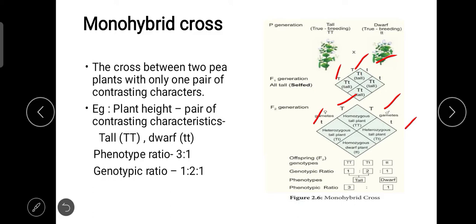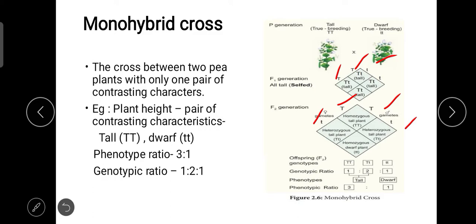By doing the cross between the male and female gametes, finally he got one pure homozygous tall, one pure homozygous dwarf, and 2 heterozygous tall plants. So you can see the ratio is 1:2:1, because one pure homozygous tall came, one pure homozygous dwarf came, and the other 2 are heterozygous tall.